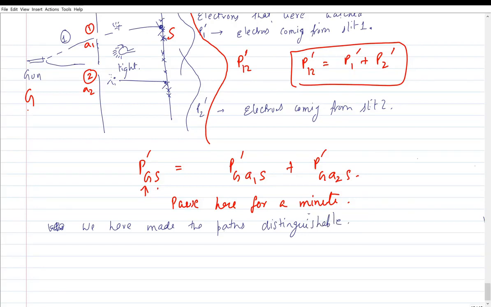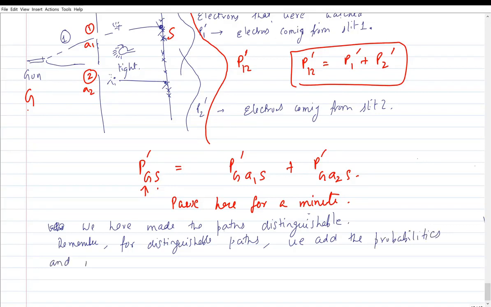And remember, for distinguishable paths, we add the probabilities, and not the probability amplitudes.